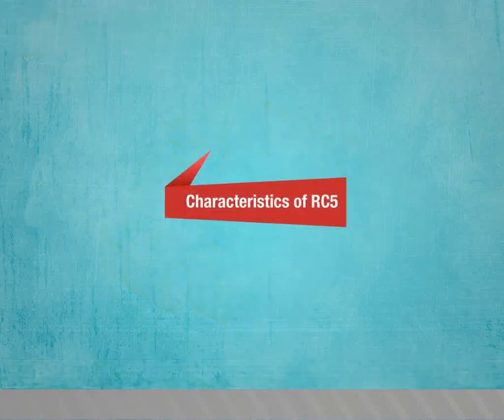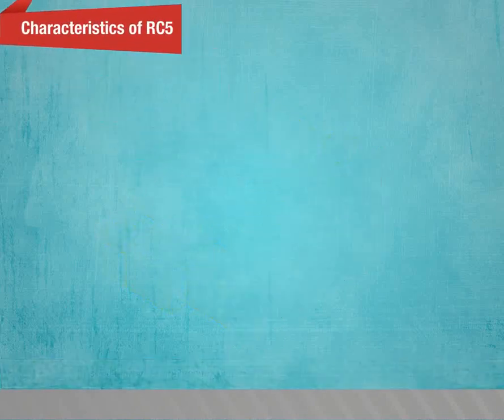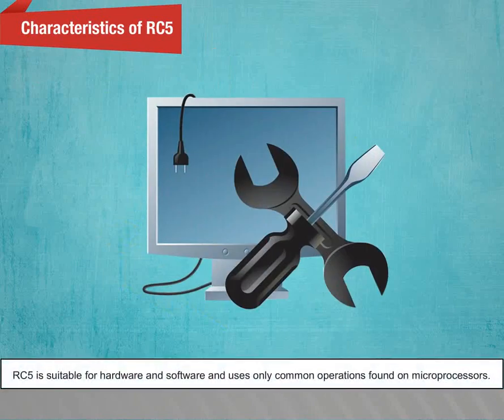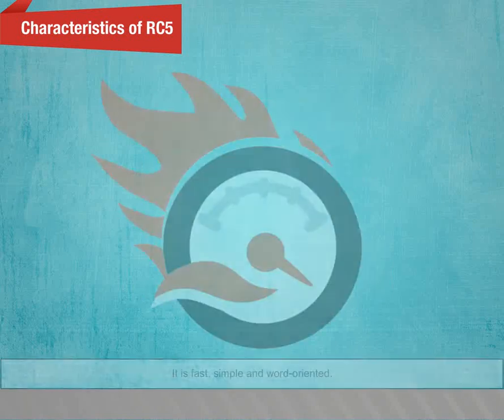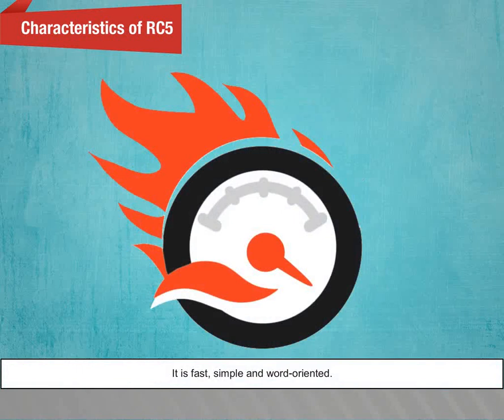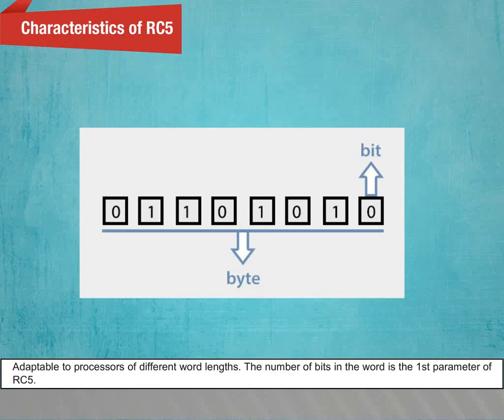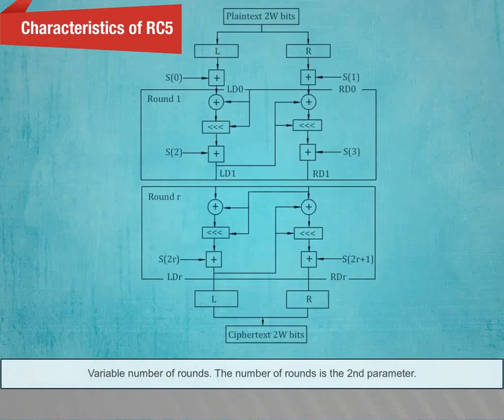Characteristics of RC5. RC5 is suitable for hardware and software and uses only common operations found on microprocessors. It is fast, simple, and word-oriented. Adaptable to processors of different word lengths. The number of bits in the word is the first parameter of RC5. Variable number of rounds.